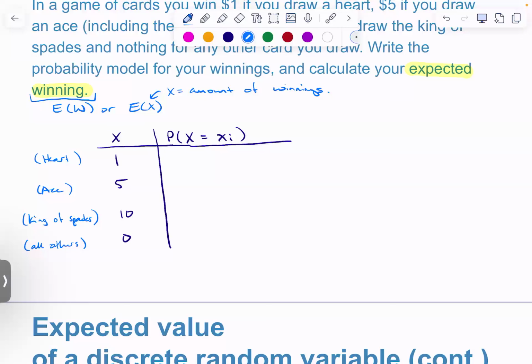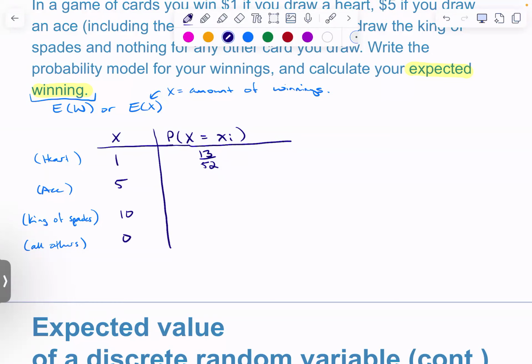So then the probability, that's including the ace of hearts, right? But we should be putting the ace of hearts with the other group, right?